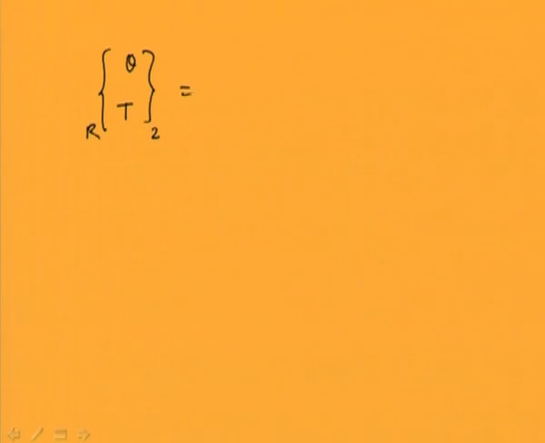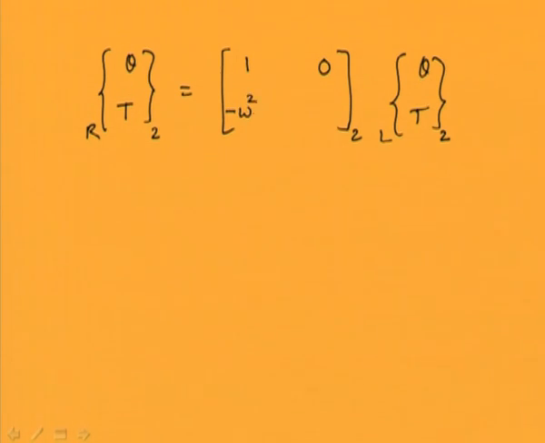Right of 2 is equal to left of 2, and you will find that the first equation is representing theta in the right is equal to theta in the left, and the second equation has come because for simple harmonic motion we can write theta 2 like this. Okay. So that is taken care of.